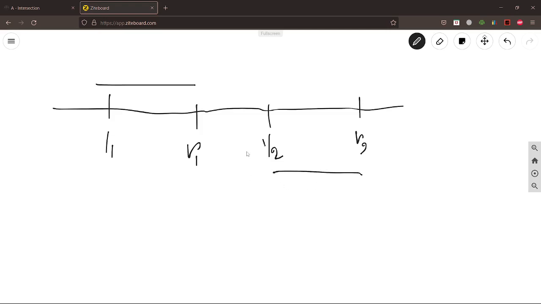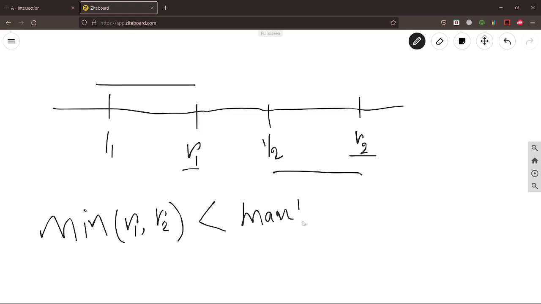So when there won't be any intersection between two ranges, from observation we can see that the minimum of the ending points of the two ranges, this is R1 and this is R2, minimum of R1 and R2, if it is less than the maximum of the starting points of the two ranges, this is L1 and L2, then there won't be any intersection.